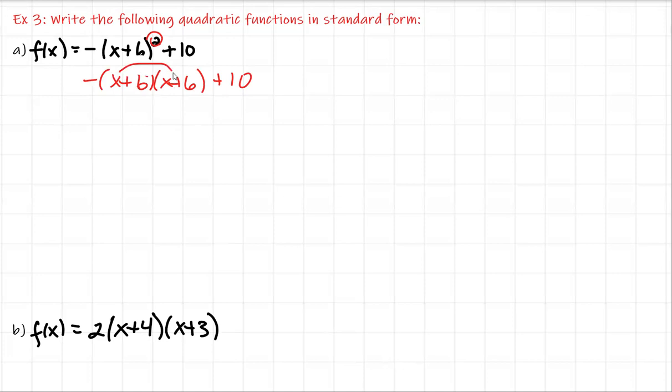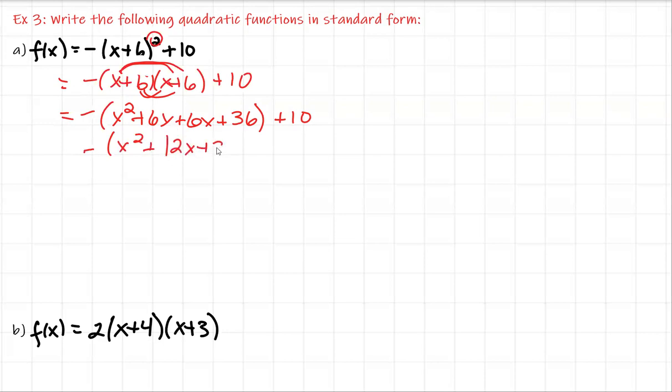You know, x to x, x to 6. So I get negative x squared plus 6x plus 6x plus 36. And I still have that plus 10 on the outside. I still have the negative outside too. X squared plus 12x plus 36 plus 10.